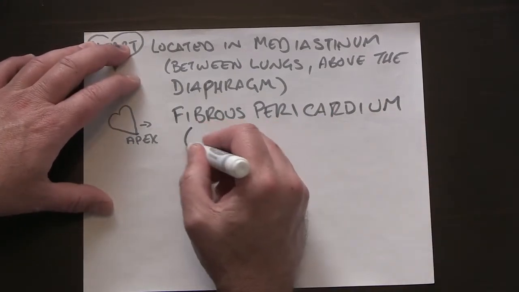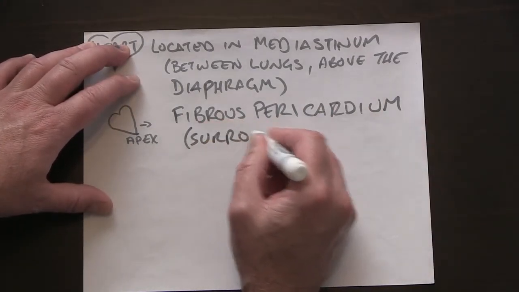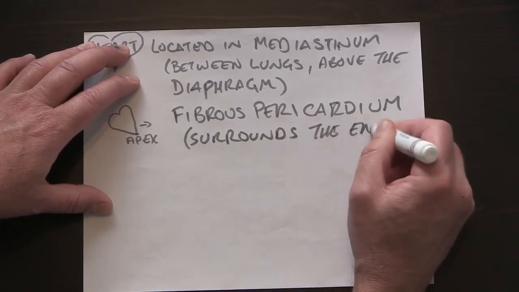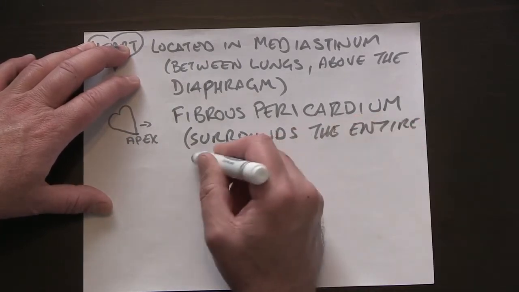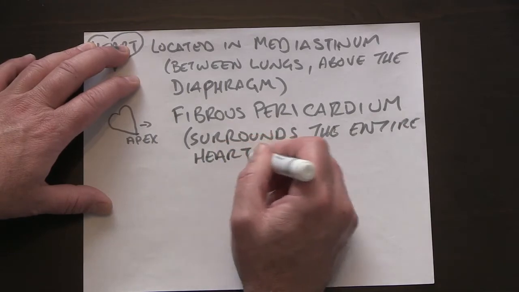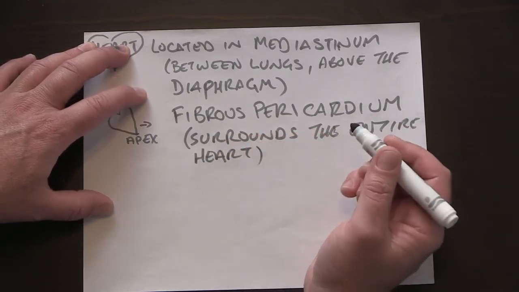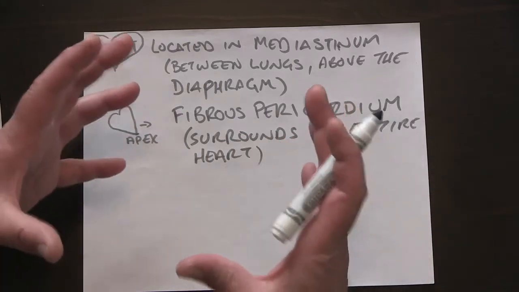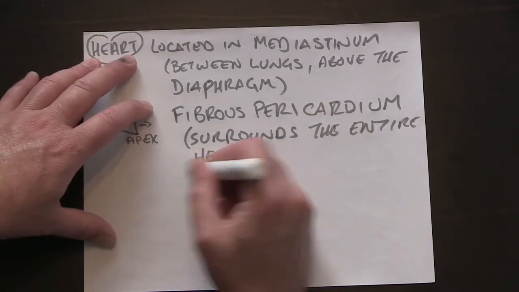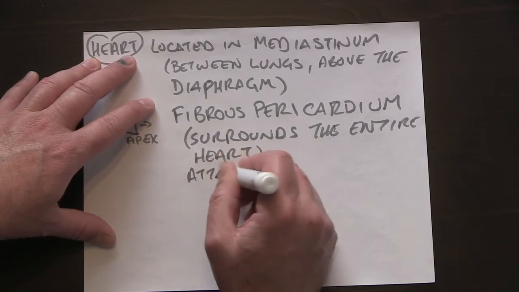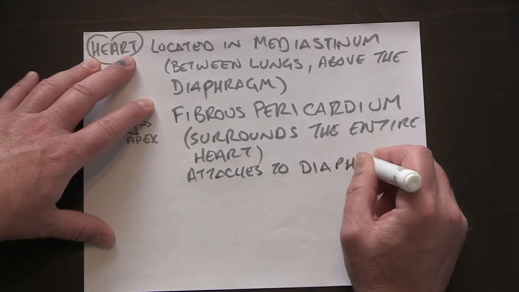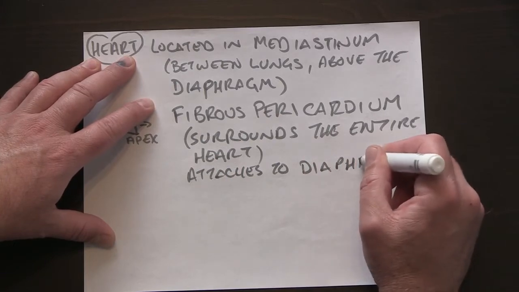And so it surrounds the entire heart. And essentially what this does is it's kind of the anchoring point for the heart. It attaches to the diaphragm inferiorly.